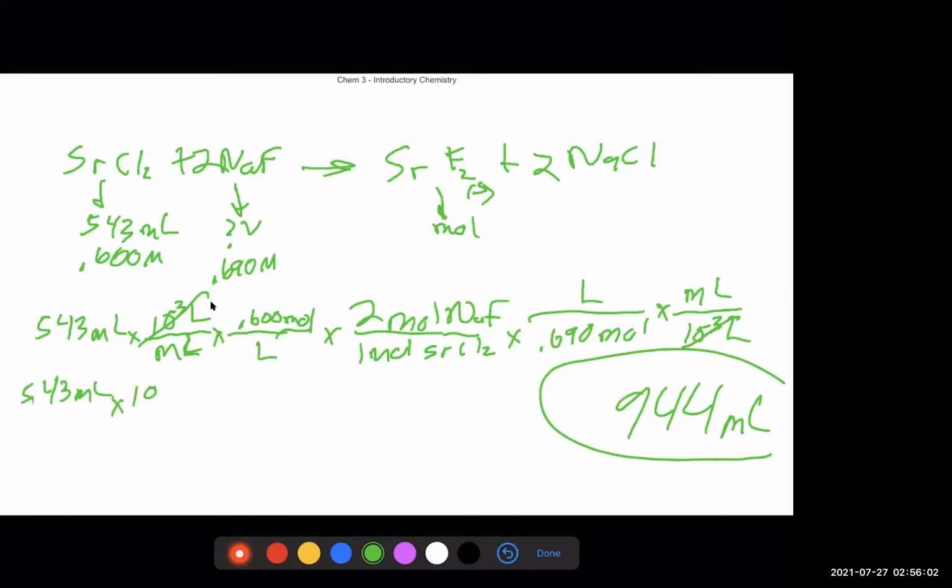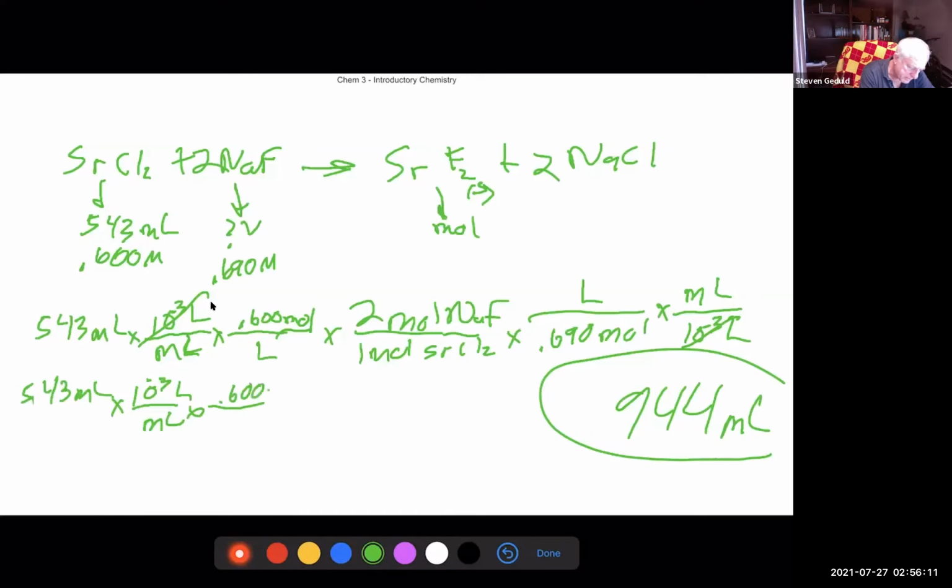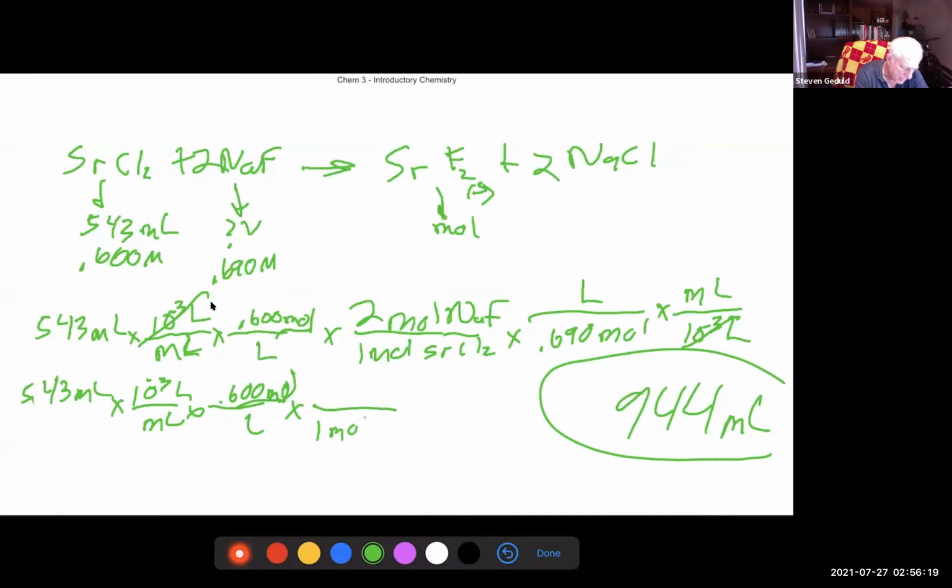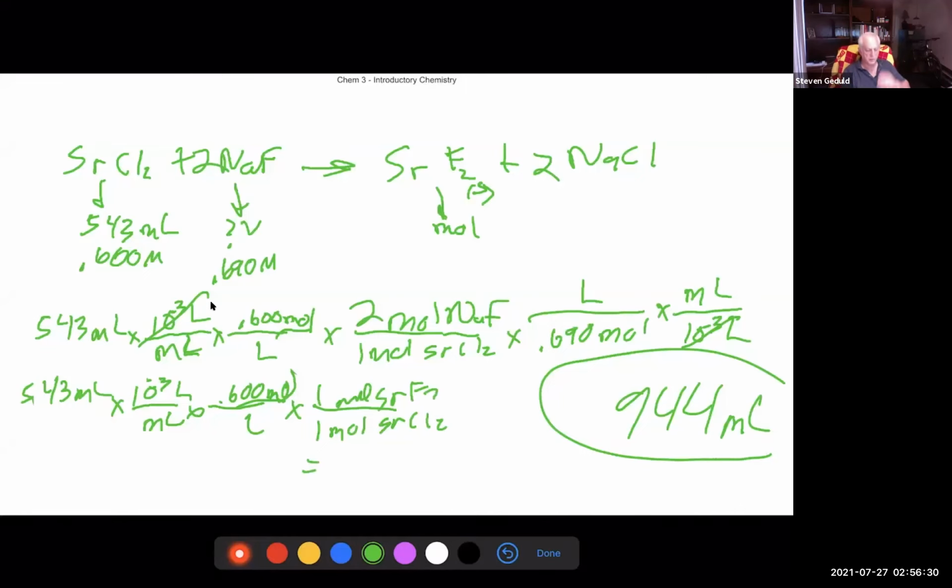Convert that to liters. And then 0.600 moles per liter. Now you have moles. So you have 1 mole of strontium chloride to 1 mole of SrF2, so that'll give you moles of strontium chloride.